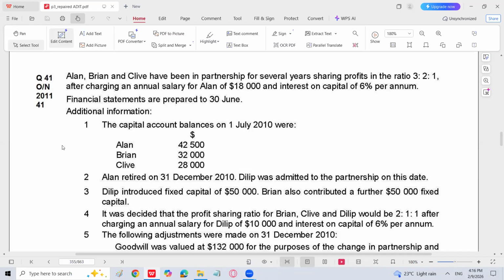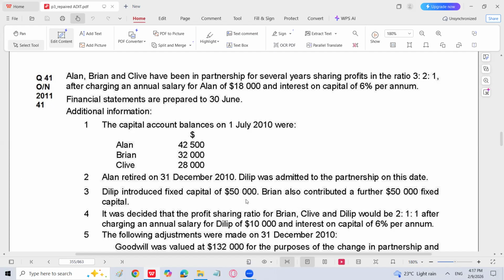My question is: if Alan is receiving a salary of 18,000 according to the previous agreement, will he get a salary of 18,000 for the first 6 months, from July to December? No, 18,000 is the annual salary. He will get 9,000 because for 6 months his salary is going to be 9,000 rather than 18,000. That is the important point, which will carry on in the whole question.